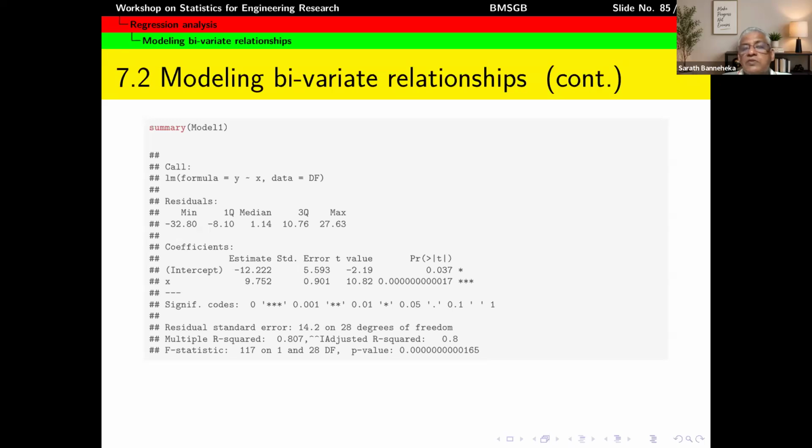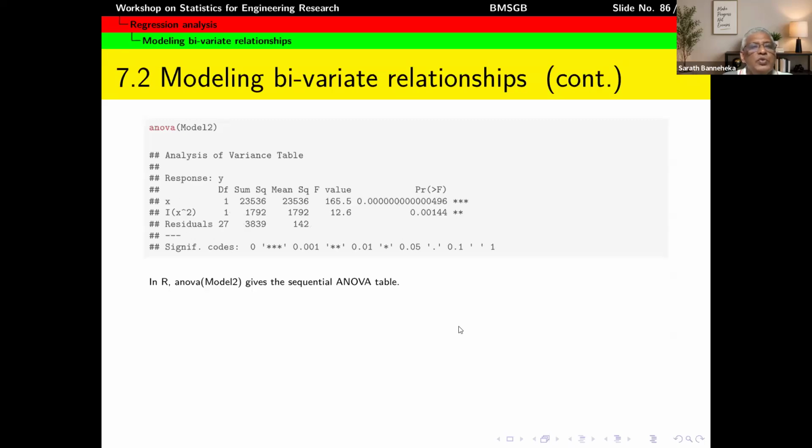This means the straight line model can explain about 80% of the variability in the y values, but the remaining 20% cannot be explained by this model. That gives you some idea about how good this model is. Now let us look at model 2.